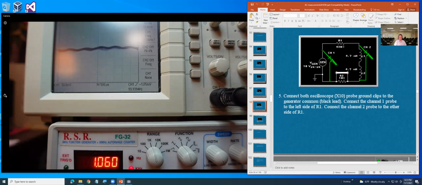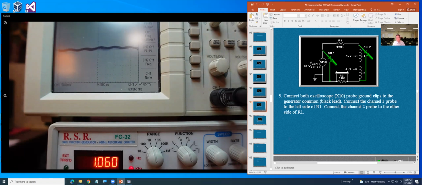So in an analog scope, they measure VA on channel 1 and they measure VB on channel 2. Then they have to invert channel 2, then they add them up.